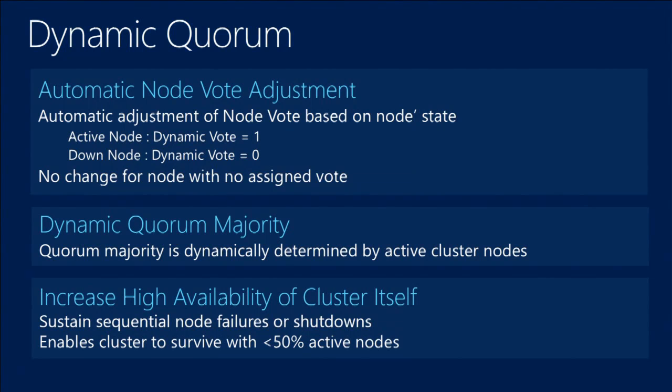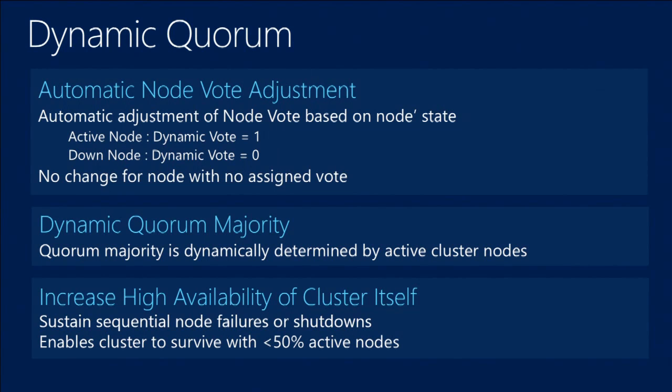The answer is, without dynamic quorum, let's say in my 2008 R2 cluster setup, once you configure a cluster with, say, 8 nodes, the quorum majority is fixed. I need exactly 5 nodes or 5 votes for the cluster to be up and running.